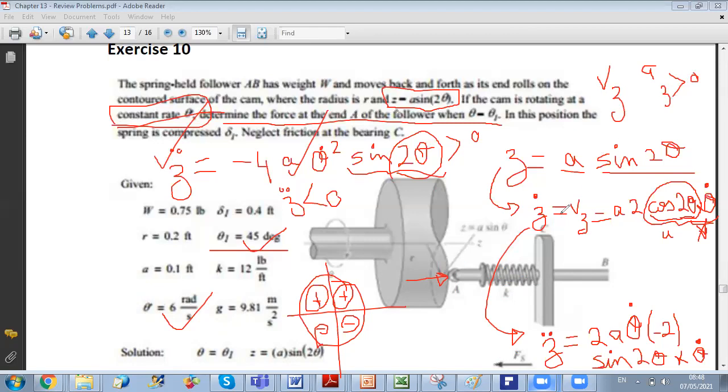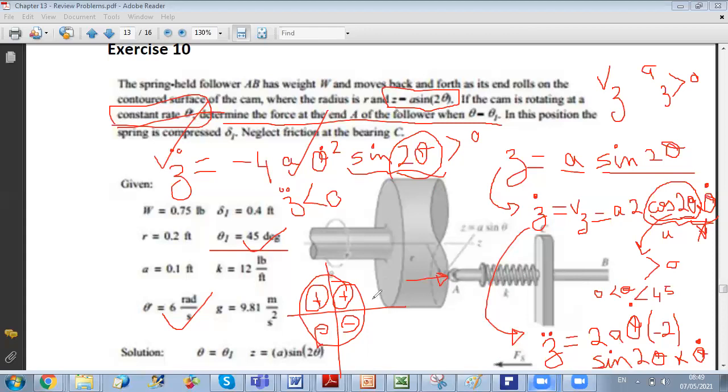So you can check that, for example, Vz is proportional to cosine 2 theta. Cosine 2 theta will be positive in which interval? For example, if you have theta from 0 to 45, cosine 2 theta will be positive, and also sine 2 theta will be positive.